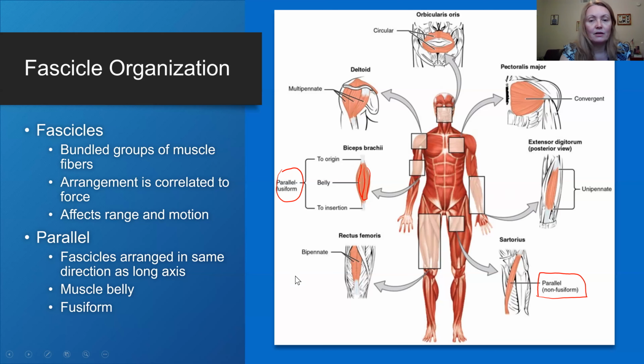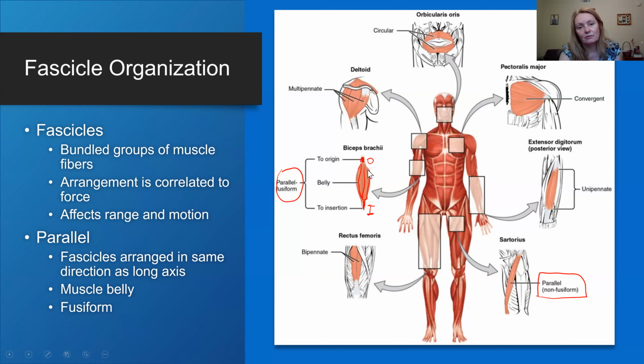Or like biceps brachii, it's actually fused at the origin, right? So this is the origin tendon that attaches to the origin. This is a tendon that attaches to the insertion. And you see how it's fused on both ends, forming a belly of muscle. But fascicles are still parallel, right?